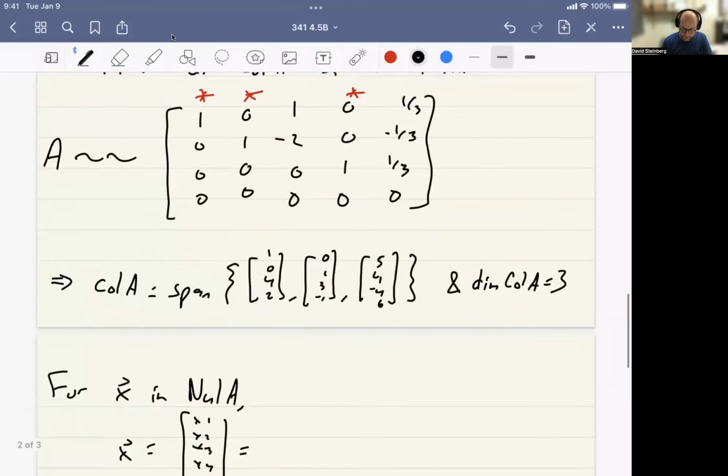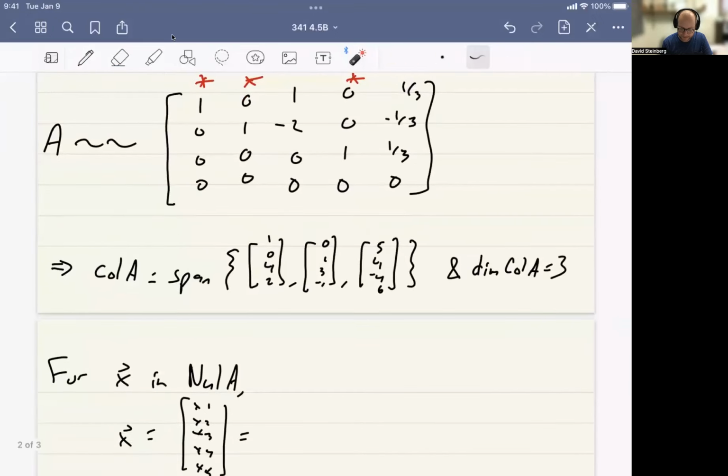What equations are we going to get? It looks like we can express x1 in terms of x3 and x5. We can express x2 in terms of x3 and x5, and x4 in terms of x5. So we'll write it all down and we'll sort out the free variables.